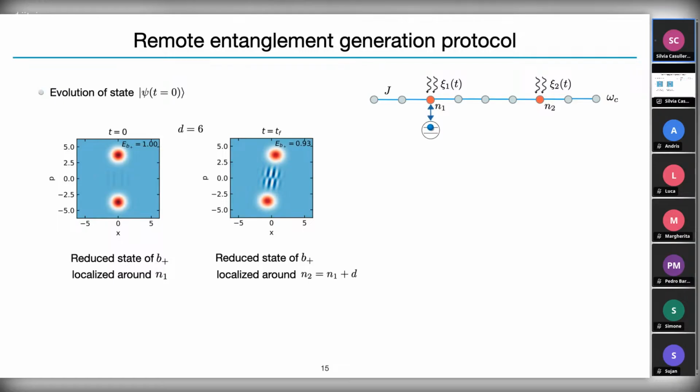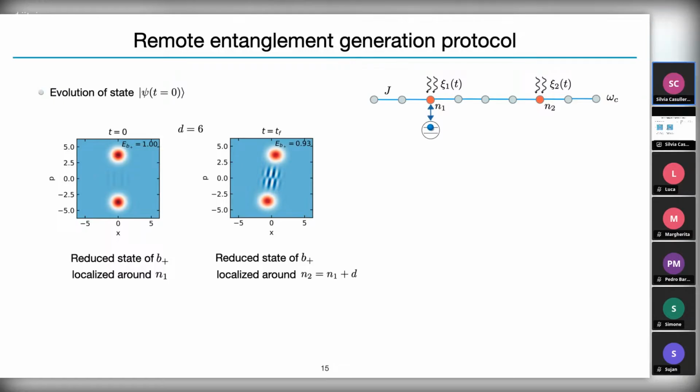We can calculate, for instance, the logarithmic negativity, which is still pretty high, and also the fidelities between the two states are pretty high. And this is an example in which you are transferring to a cavity that is far away by 6 cavities.